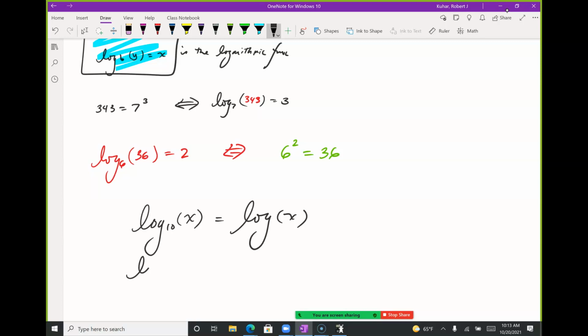And log base e, because e is a very special number when it comes to exponential growth, money, populations, things like that, we call that one ln, the natural log, ln of x. And you'll see on your calculator you have both of those. You have a log function and you have an ln function. So the log is log base 10, ln is log base e, the natural log.